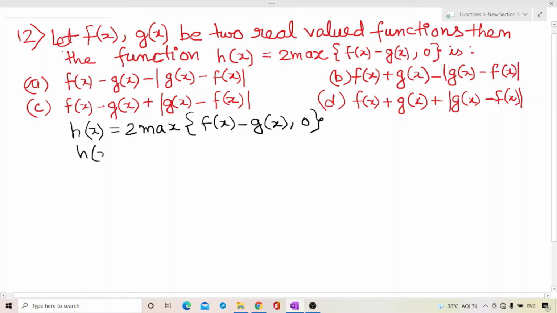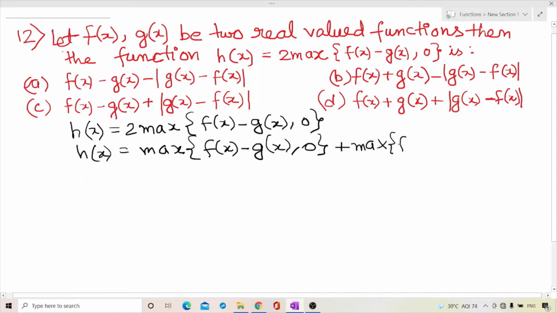So h(x) can be written as h(x) is equal to max{f(x) - g(x), 0} plus max{f(x) - g(x), 0}. So now we can see that I will draw the graph for f(x) and g(x).